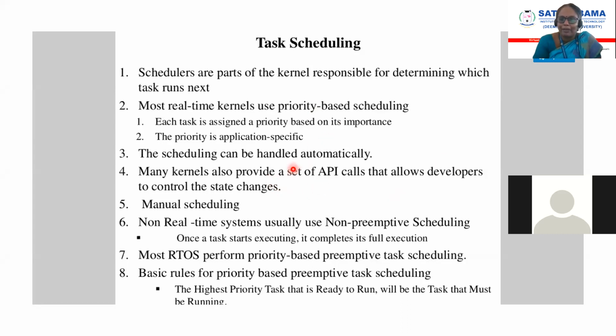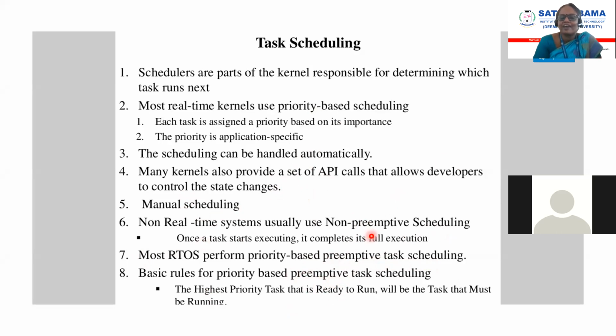And when the application provides an API based on that, then manual scheduling is also possible. So I told you, non-real time uses non-preemptive scheduling, real time uses preemptive scheduling. So we have non-preemptive, preemptive, and priority based preemptive scheduling.